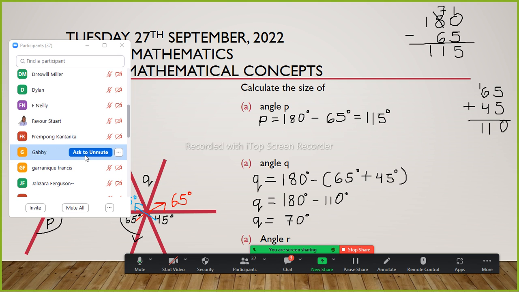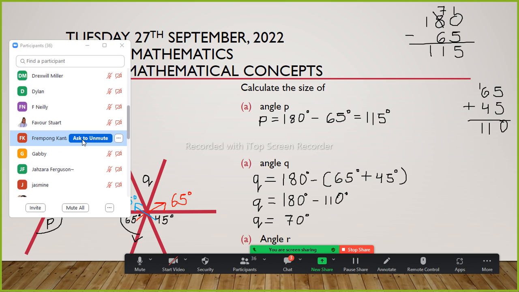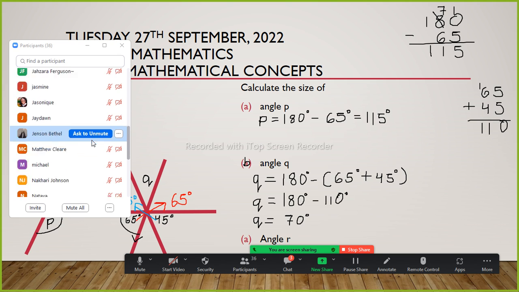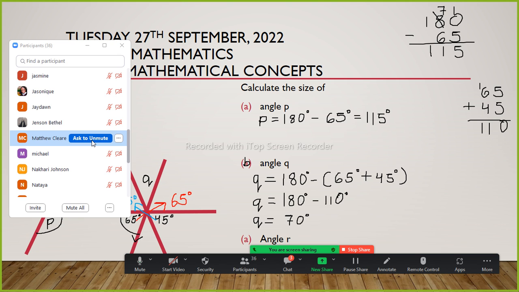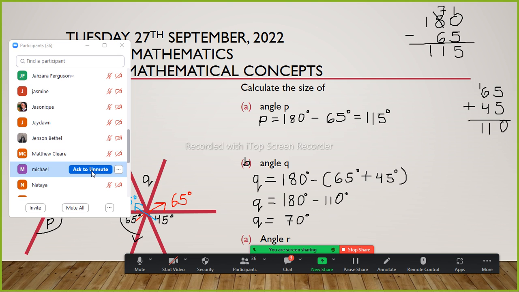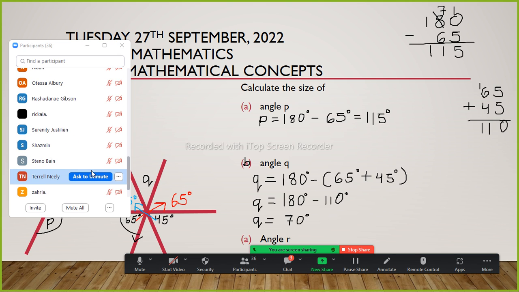All right. Miss Favor, do you understand how we got Q? Yes, sir. Okay. How about you, Josaria? Yes, I understand. Okay. Nakari Johnson, how about you? I'm good. I understand. Okay.